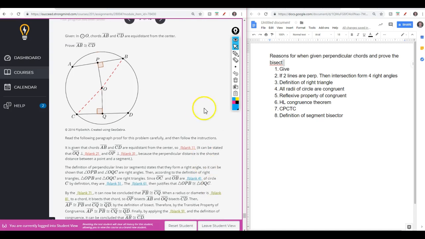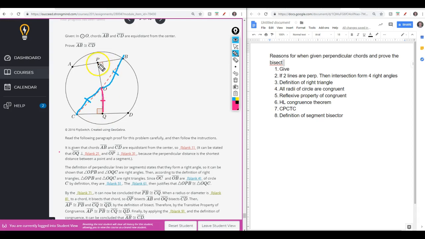So what did we just put together? They were talking about segment CO being congruent to segment OB. That's the hypotenuses of a right triangle. And we also earlier in this paragraph said that these ones are radii too.